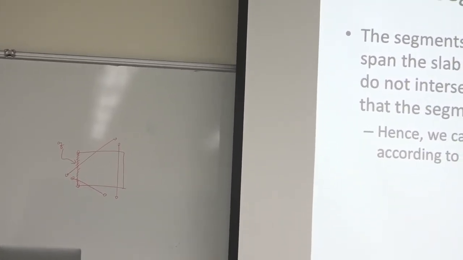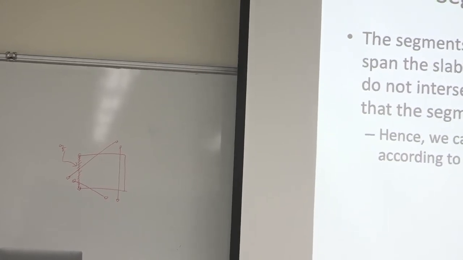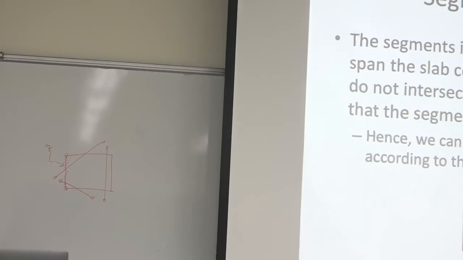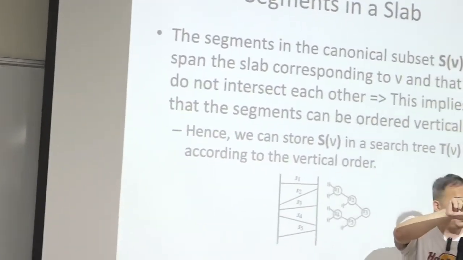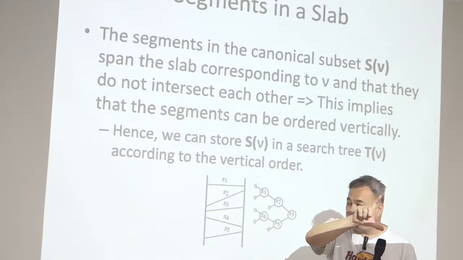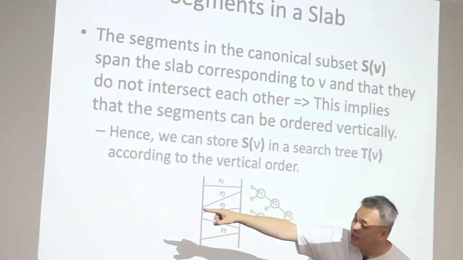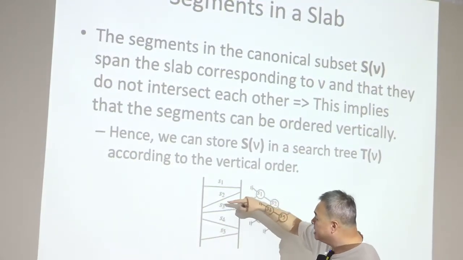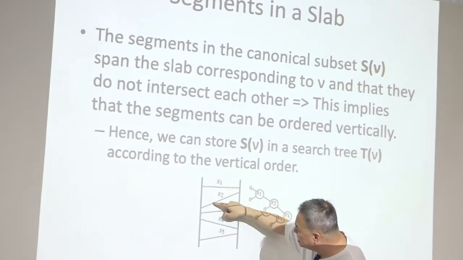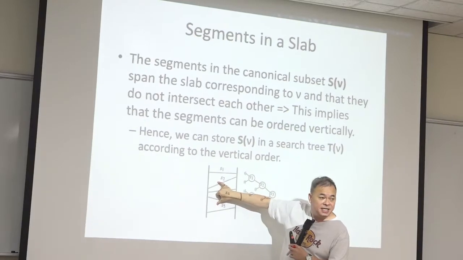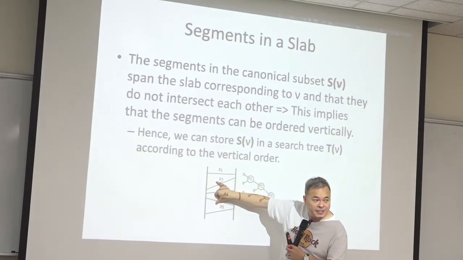Say we already know this slab contains Qx, but we need to know if this segment goes across that boundary, say the boundary is here. So it has a range, right? It has a wide range.